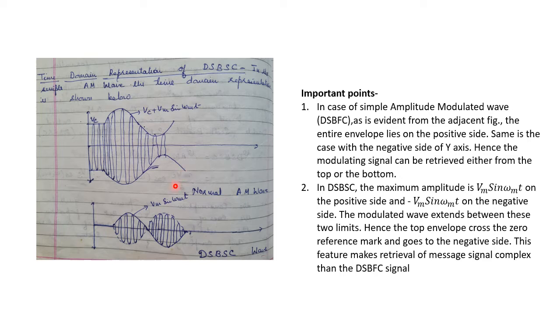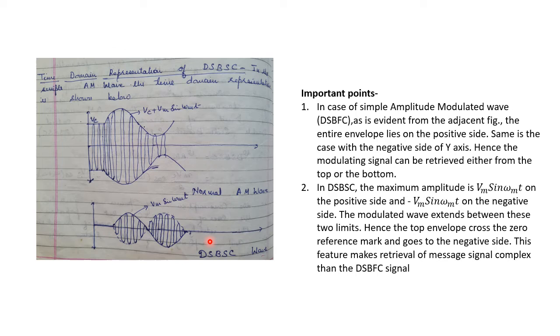But in the case of DSBSC, the maximum amplitude is Vm sin omega mt on the positive side and minus Vm sin omega mt on the negative side. The modulated wave extends between these two limits, going to the positive side as well as the negative side.